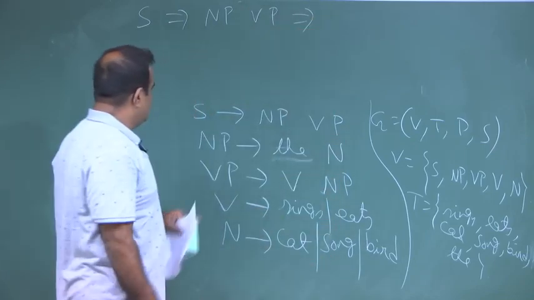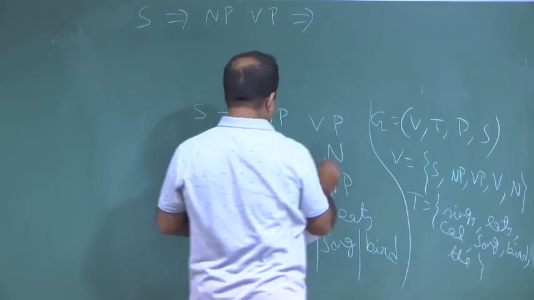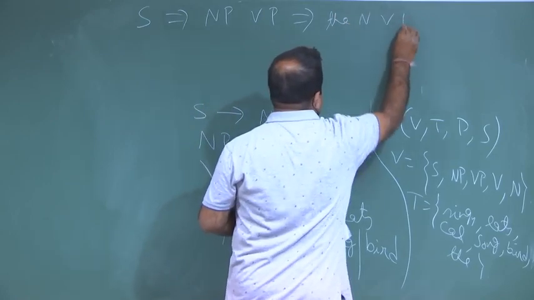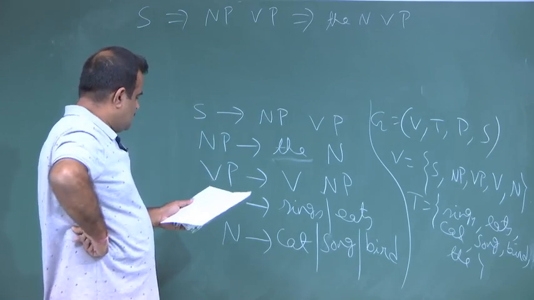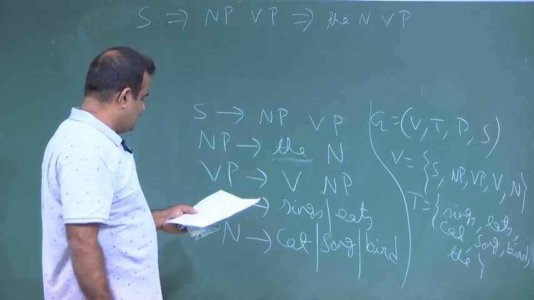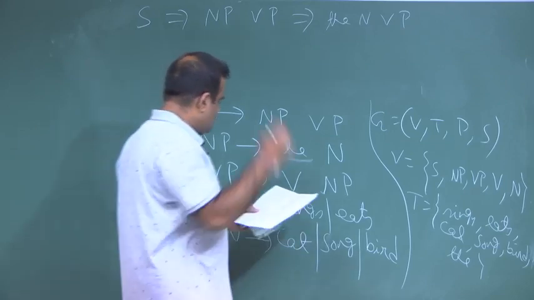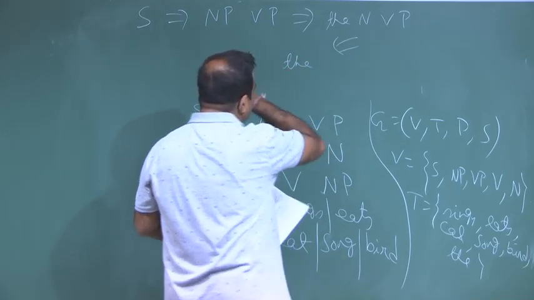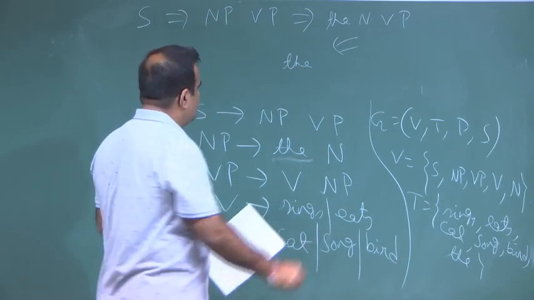Then say NP is going to the N, and VP is going to V NP again. VP is going to the N. N can go to any one of these, so I can write bird.